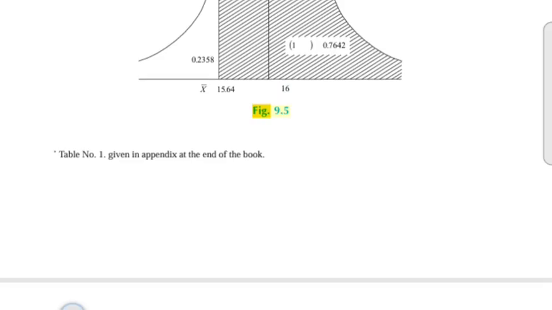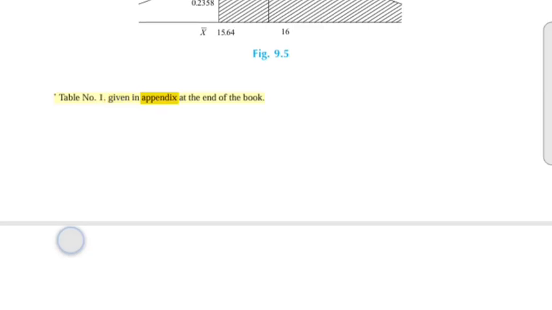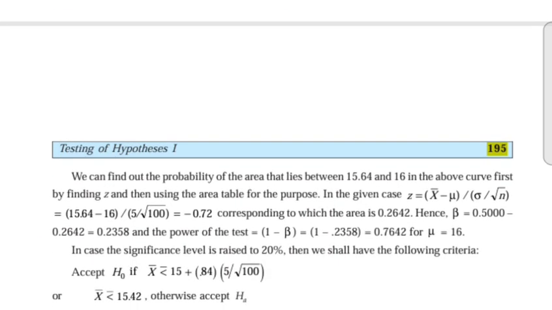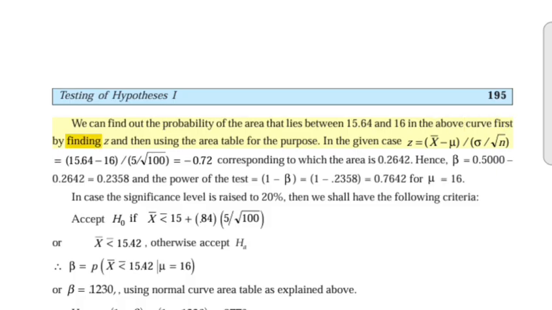Figure 9.5. Table No. 1 is given in the appendix at the end of the book. We can find out the probability of the area that lies between 15.64 and 16 in the above curve first by finding Z and then using the area table for the purpose.